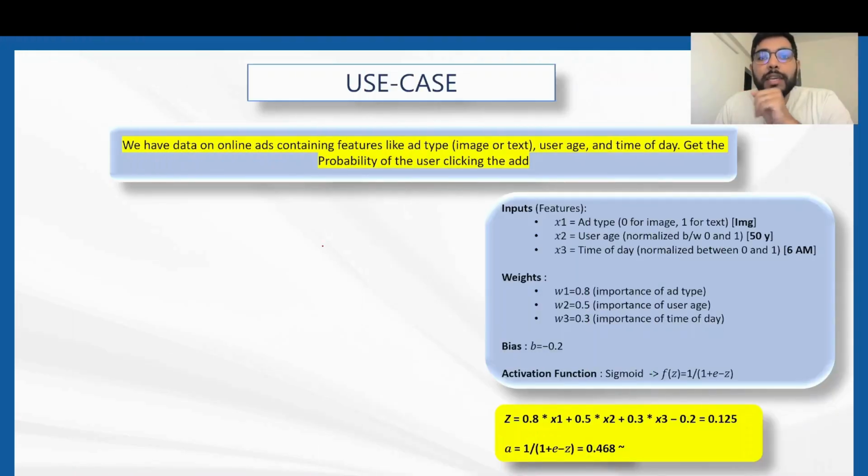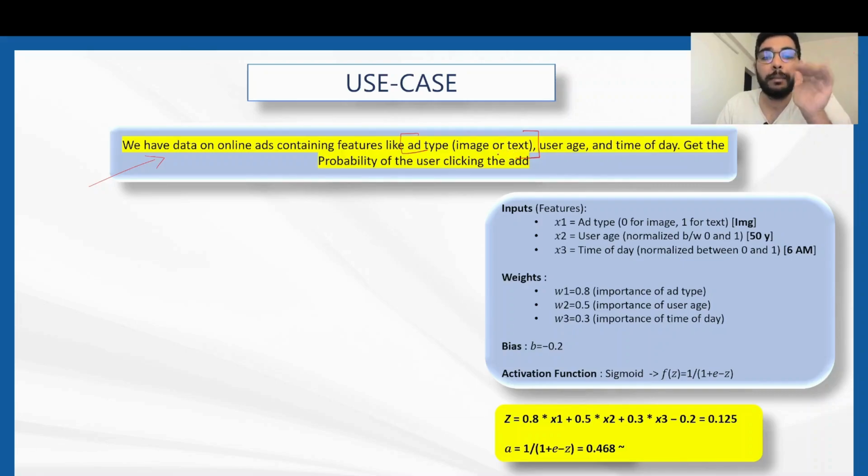Now coming to the use case, the advertising use case which we talked about earlier. Let's say this is basically to understand the working of a neuron in depth. Let's say we have data for online ads and we have the input features, namely the type of ad, that is, if the digital ad is an image or a textual ad, the same way you see in Instagram or Google ads.